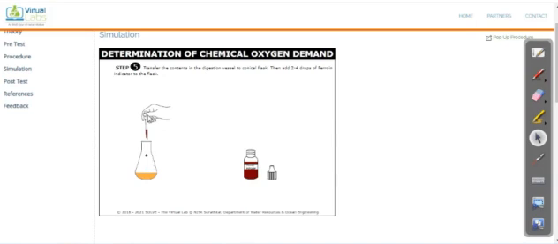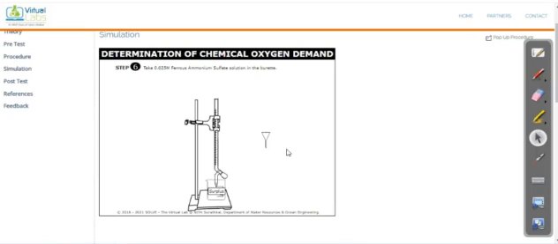Click here. Once the process is over, the yellowish color is converted into blue color. Okay, when you kept the sample into the digester, at that time the color was yellowish and now it has changed to blue. Click here, place the funnel, remove the cap.